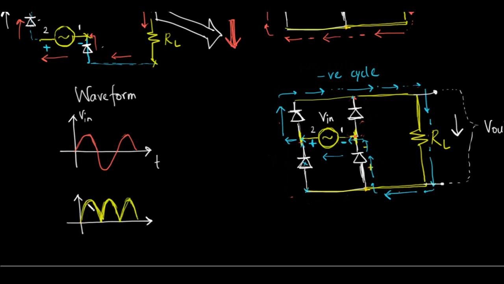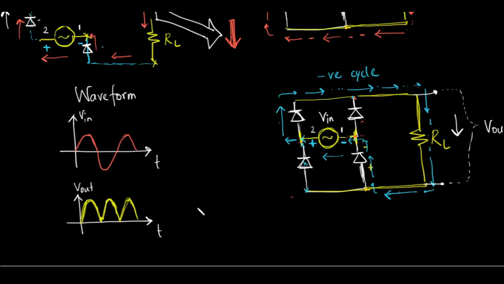So what has happened? For both cycles, we now have current conduction. The positive part of the cycle passes as it is, but the negative part of the cycle is flipped. In the half wave rectifier, we had voltages in the input during the negative cycle, but that voltage was not coming to the output.